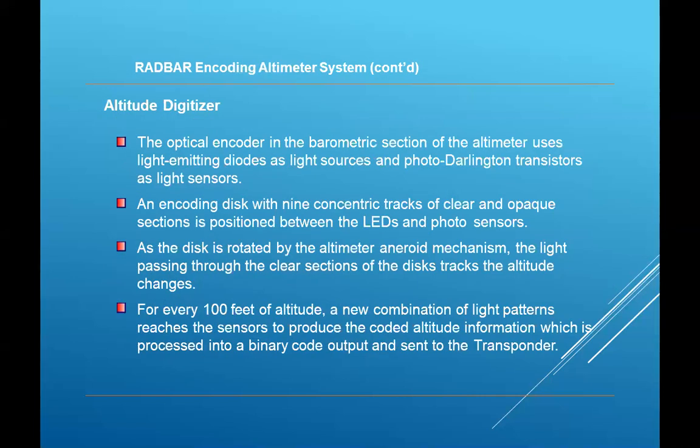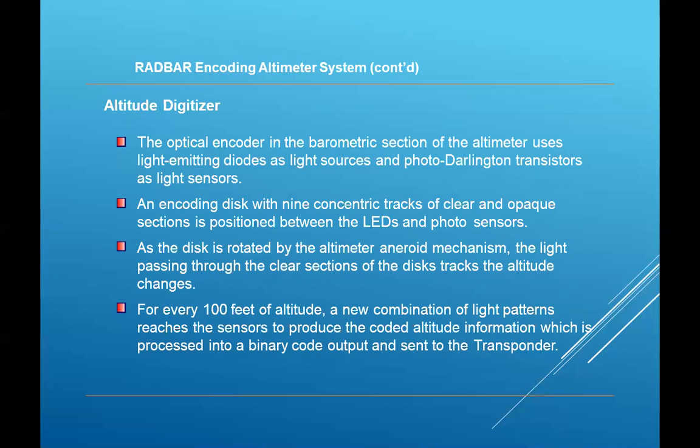Altitude digitizer. The optical encoder in the barometric section of the altimeter uses light emitting diodes as light sources and photo Darlington transistors as light sensors. An encoding disk with nine concentric tracks of clear and opaque sections is positioned between the LED and photosensor.